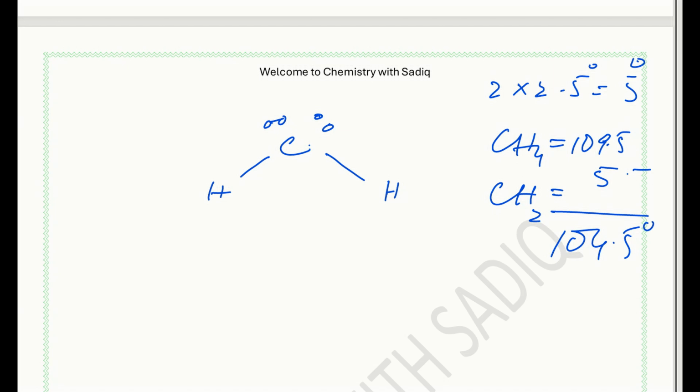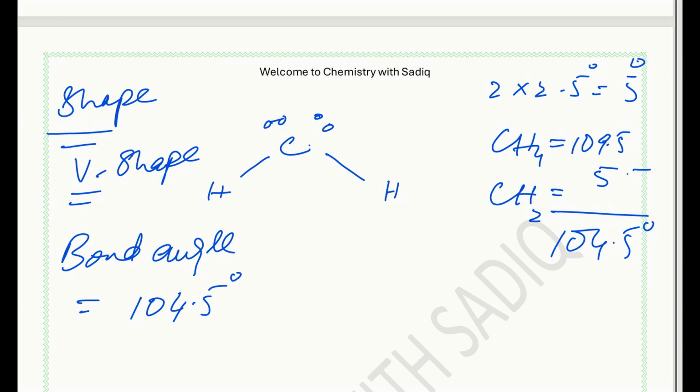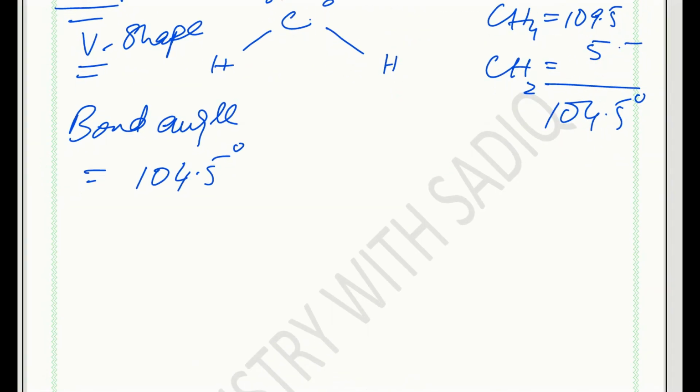Now this shape will be called V shape, and the bond angle has changed to 104.5 degrees. The common example that we follow is water. This is the example of the molecule which I'm going to give you right now.